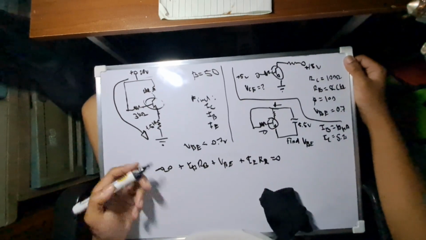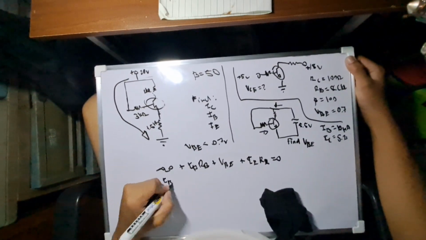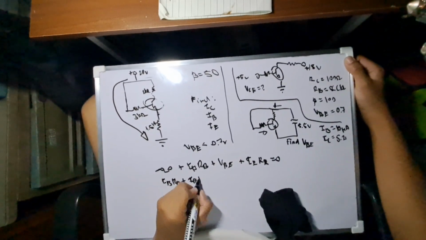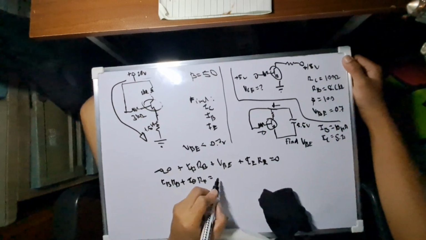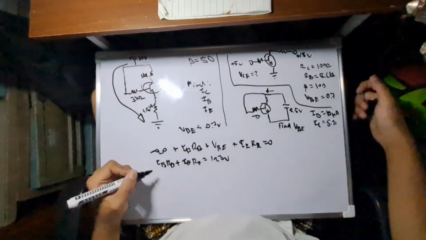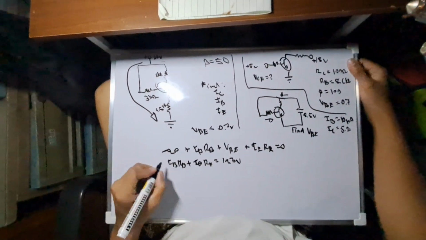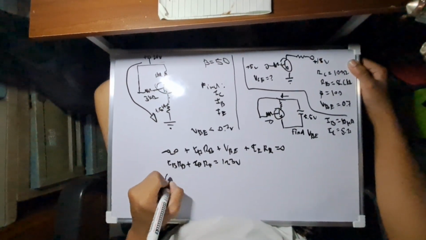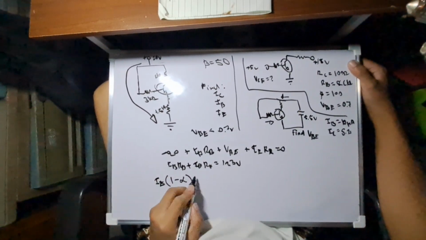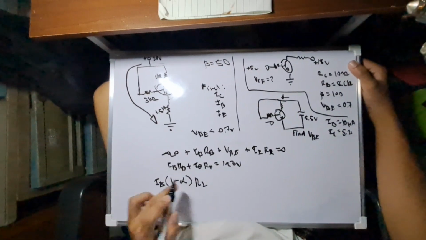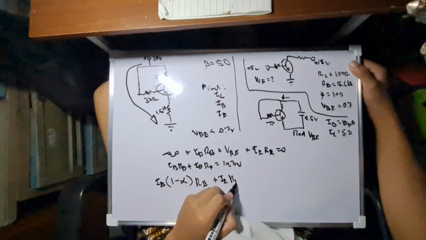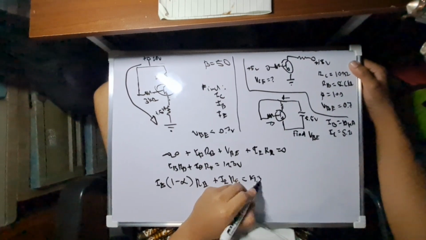So deriving that, negative 20, lilipat natin siya, IB RB plus IE RE is equals to 19.3 volts. Derive natin si IB from our earlier video. So IB now is equals to 1 minus alpha times IE, so (1 minus alpha) IE RB plus IE RE is equals to 19.3 volts.